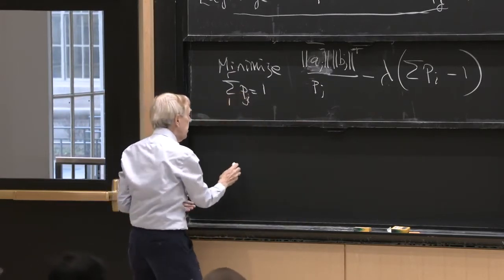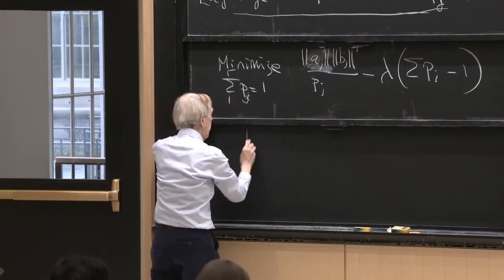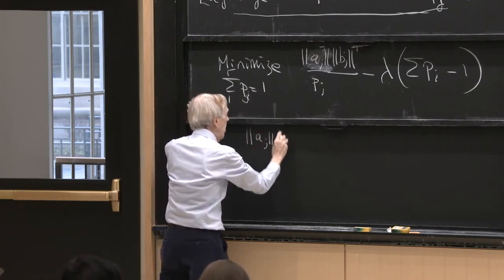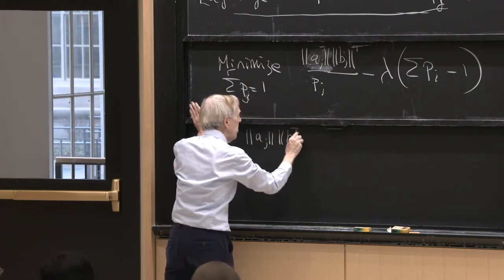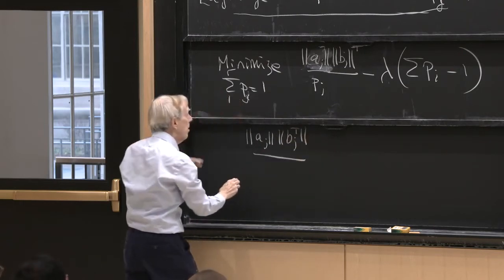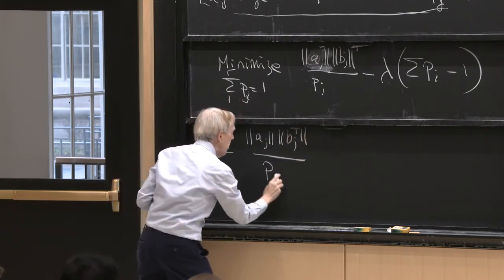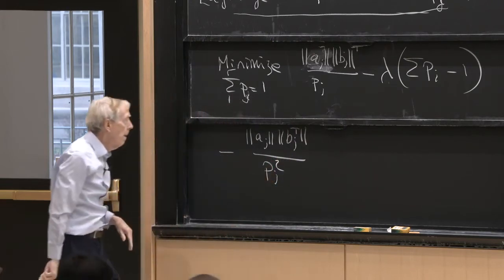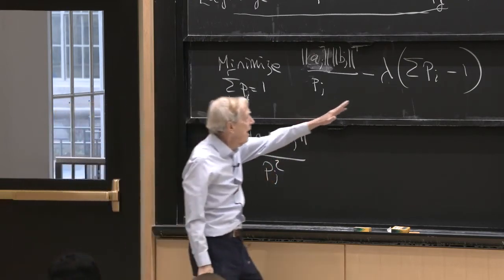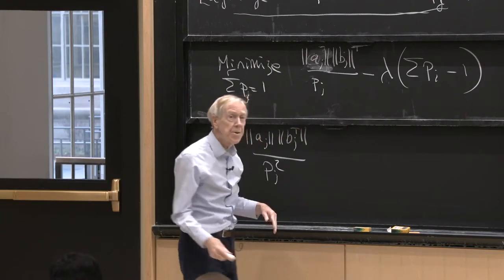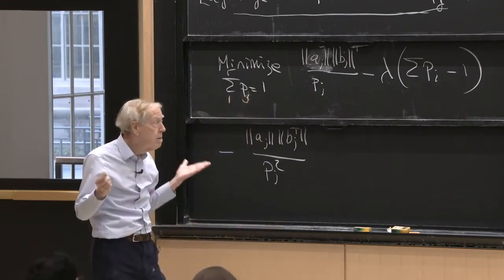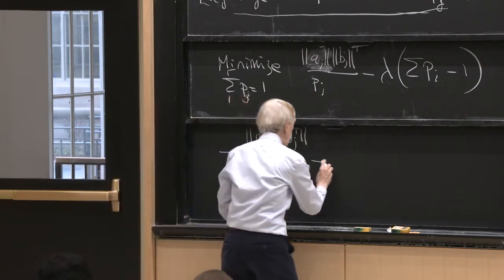Okay, calculus. Take the derivative of that. It's aj bj transpose over pj squared, right? And the derivative of that with respect to pj is minus lambda.